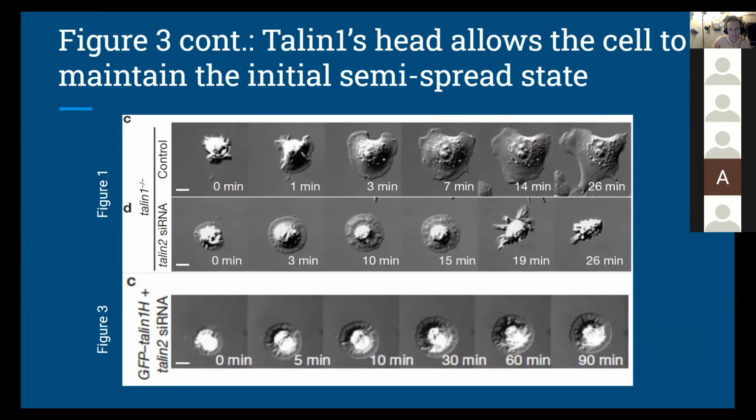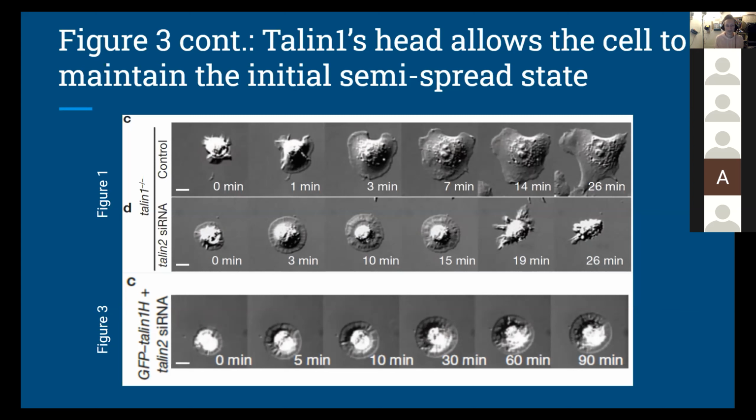And the net, I'm sorry. Yeah, sorry. You're good. The net result of that is that having Talin 1 head alone allows the cell to remain in the semi-spread state they'd noted earlier. So here we're comparing figure 1C and D to figure 3C. In figure 1, you can see that on top, the cell spreads normally over the course of about half an hour.